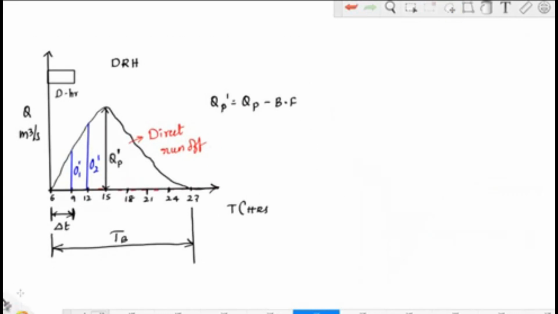Now the next point, the fourth point. If you want a DRH, we know that DRH is nothing but flood hydrograph minus base flow.